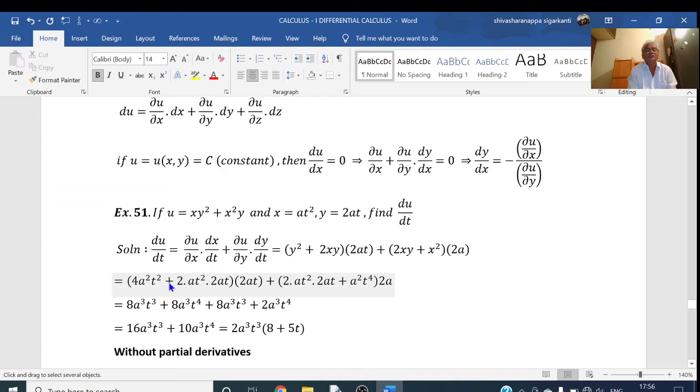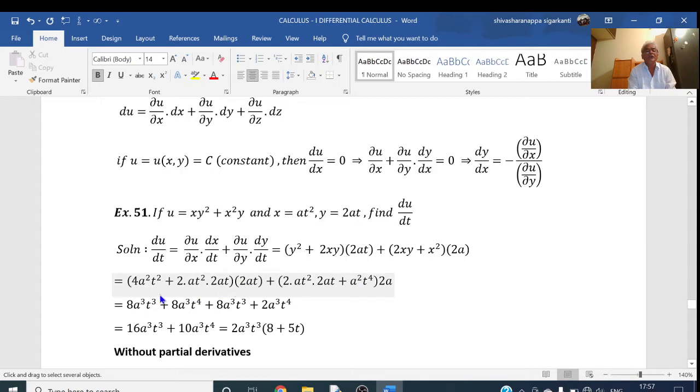So 4a square t square plus 2xy: 2 into x is at square into y is 2at, into this 2a as it is, plus 2xy. 2 into x is at square, y is 2at, plus x square. x is equal to at square, therefore x square is equal to a square t to the power 4, into 2a as it is.